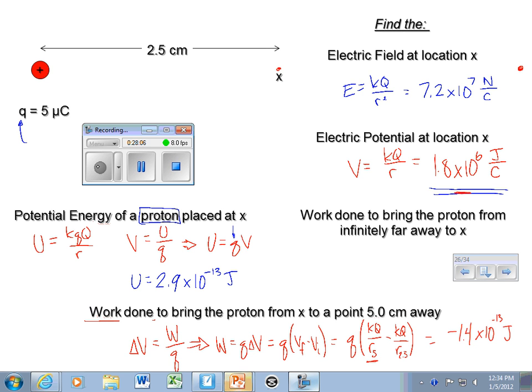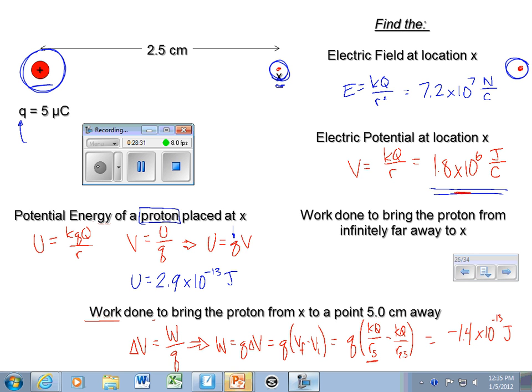And here's the deal. To bring a proton from here to here, well, remember, this is a positive charge already. So that positive charge here will push this proton by itself. It will push it from a location here to a location here. You don't have to do anything.